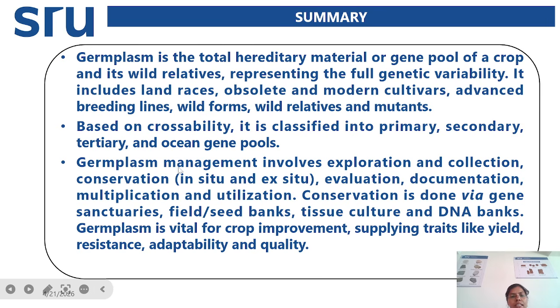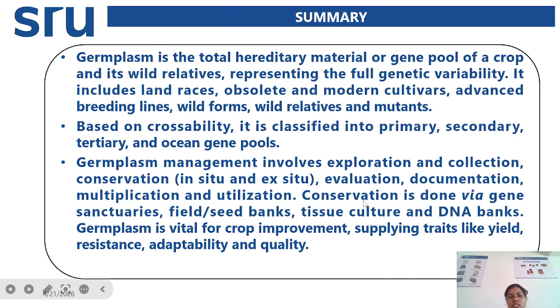And next is germplasm activities. In germplasm activity, we have six steps: exploration and collection, conservation, which is of two types, in situ conservation and ex situ conservation, which we have discussed, and then evaluation, documentation, multiplication, and utilization. So these are the six germplasm activities involved.